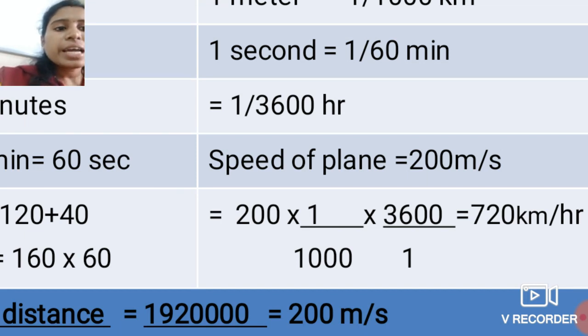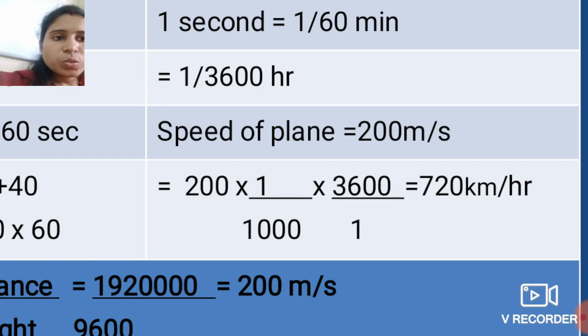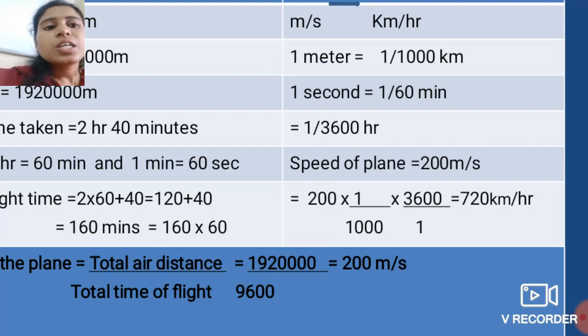For hours, we can take the reciprocal of it, 3600 upon 1, which is in hour. Okay students, so after multiplying this, what will we get? We get the answer 720 kilometer per hour.